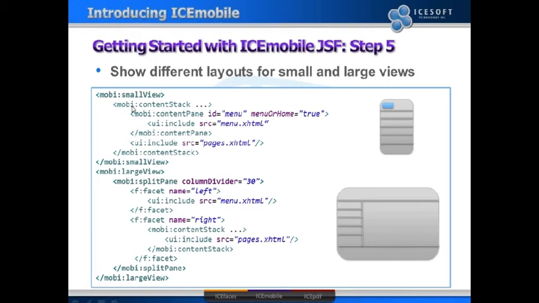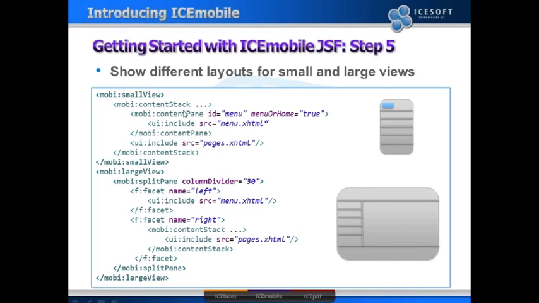So a very easy way to approach this adaptive layout strategy is to use small view and large view to serve different content to the phone versus the tablet or desktop users, and still have the content stack inside of each, but we're going to slightly change what we actually put in the content stack and still reuse all of our content.